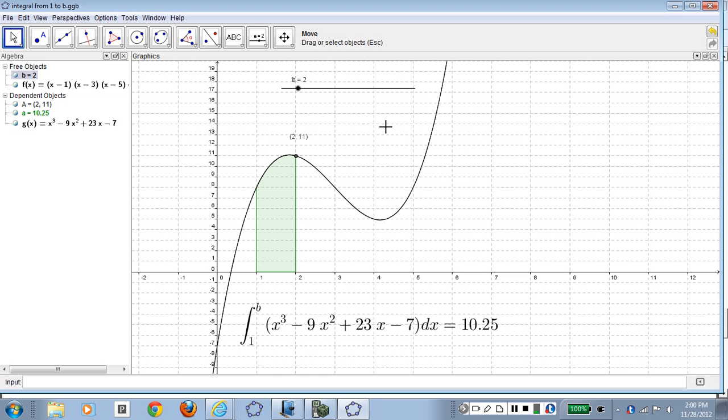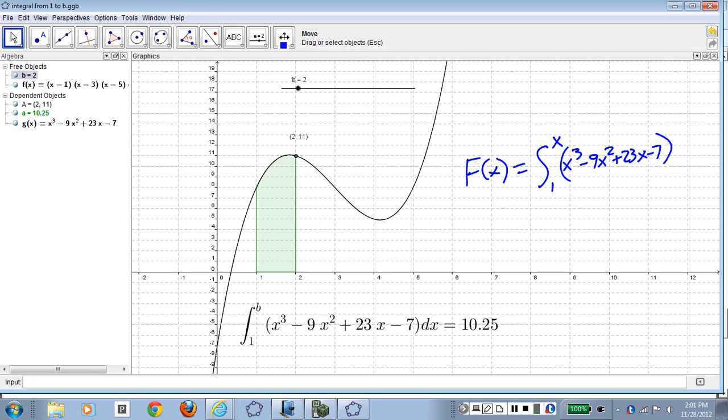So the function that would have this as its derivative basically is this. Big F of x equals the integral from 1 to x of x cubed minus 9x squared plus 23x minus 7.